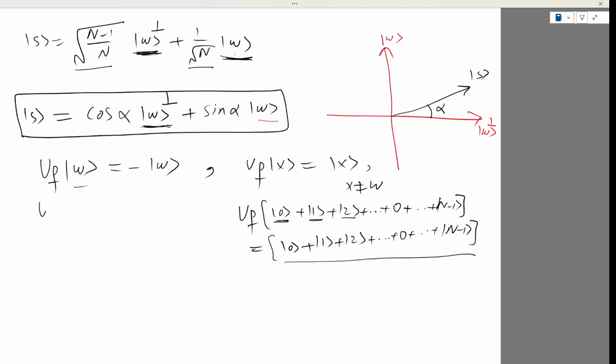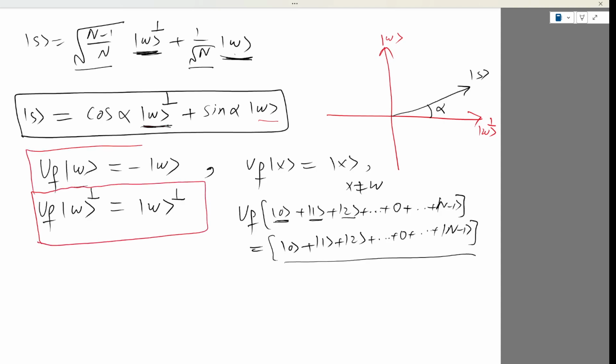Since constants don't play a role in here, I can just write it like this. So it means that UF is a special operator that gives a minus sign if the input is W, and it gives a plus sign if the input is W perpendicular. And W perpendicular is the sum of all of these states that are not W.